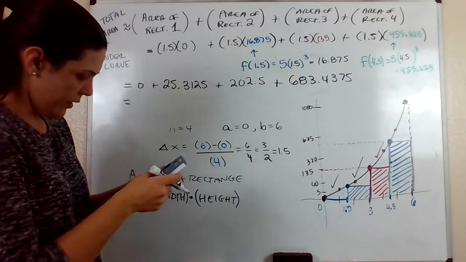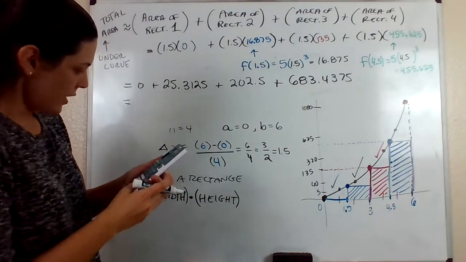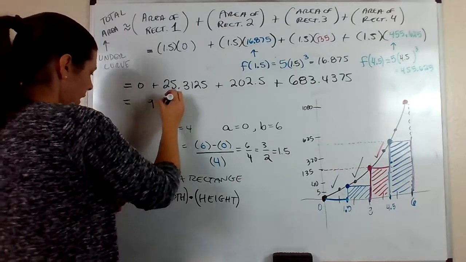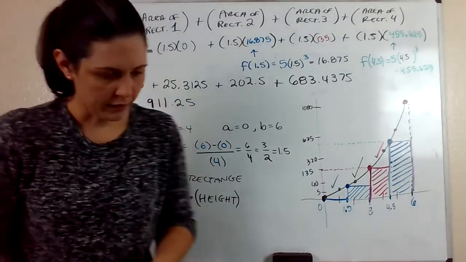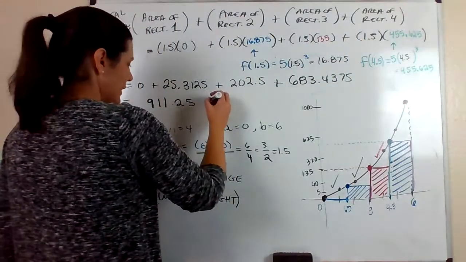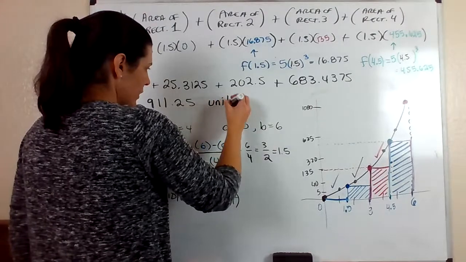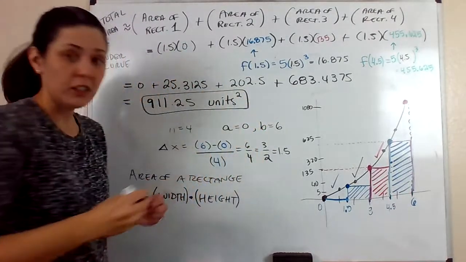And then we have our final answer, just plugging it all back into my calculator. I got 911.25. Okay, let's see if that's what I got earlier. Yeah, it is. Okay, so this is area, so I'm just going to say units squared. And that's our first one.